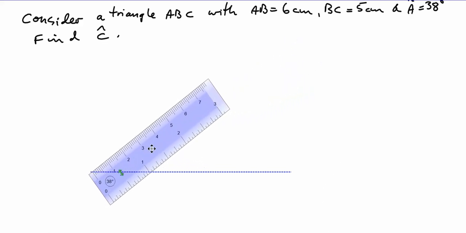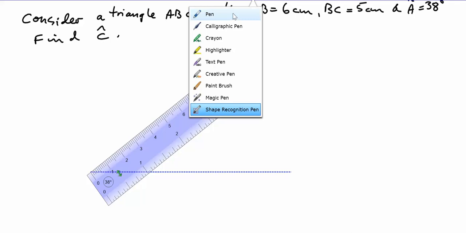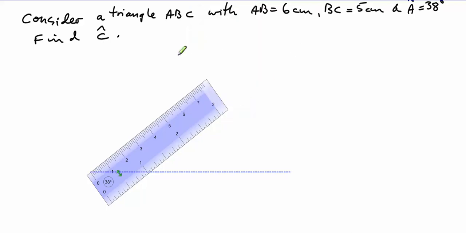And I'm going to place the ruler here at that end of the line and measure 6 centimeters to there and draw a line. Okay, just tidy that up a little bit, and we see here we have a line of length 6 centimeters and at 38 degrees to the horizontal there.